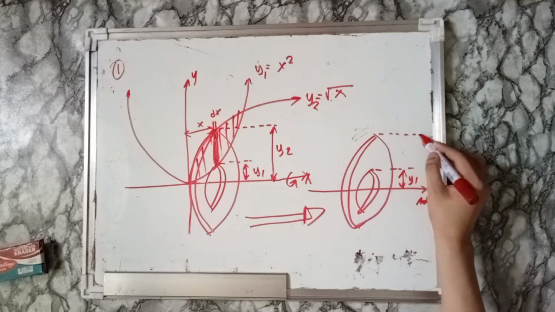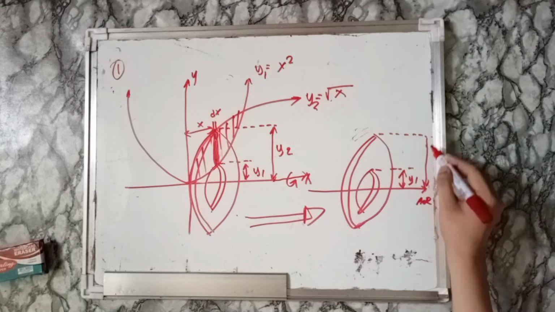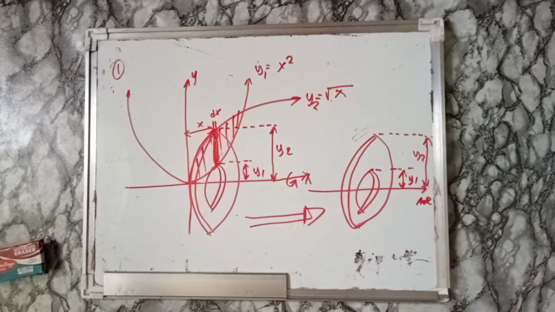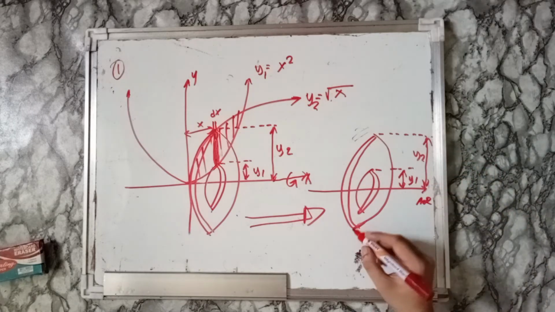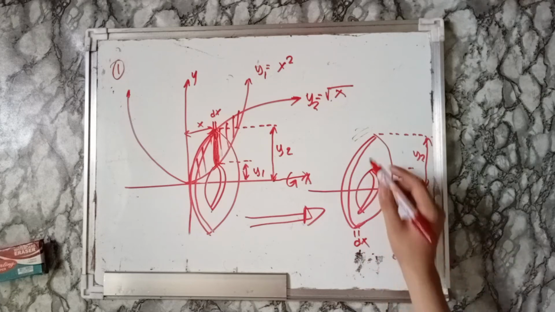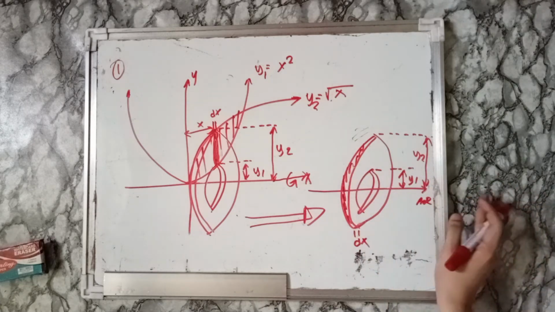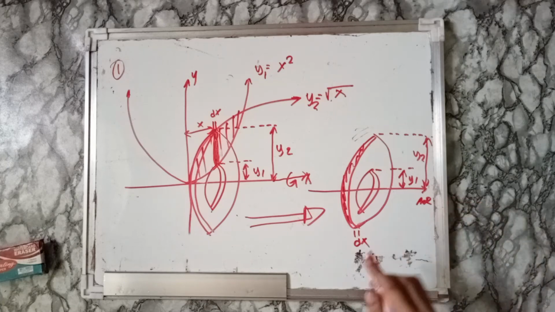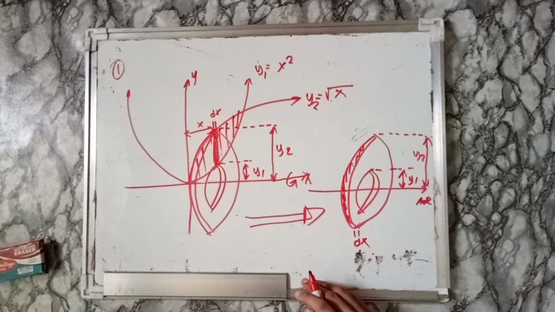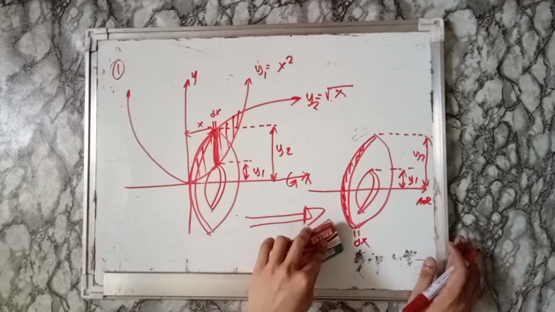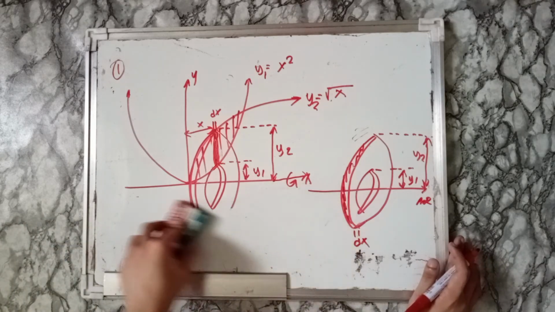And the bigger circle is our y2. Now, don't forget this is our dx. I almost forgot it. Now, let me erase this. So I think this is okay.